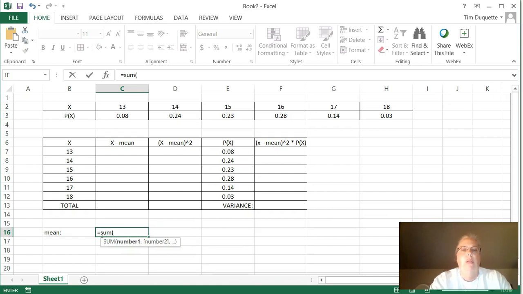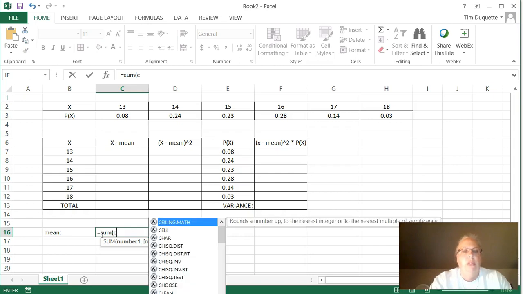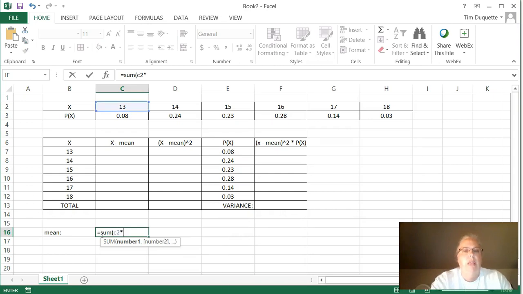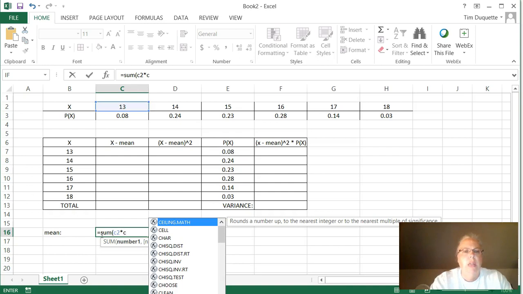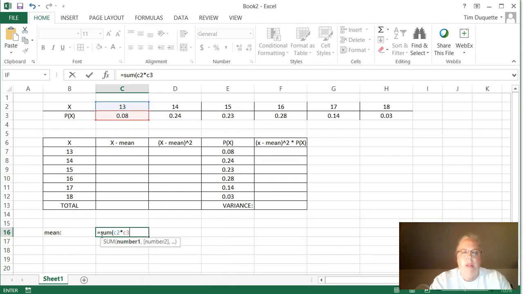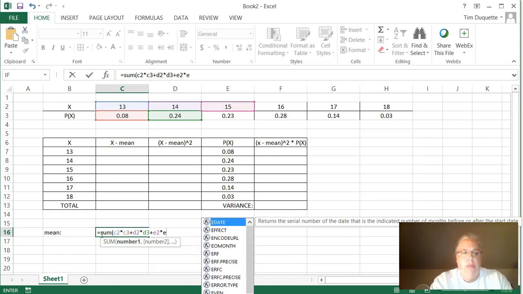Alright, so we're going to put in our formula here, and we are going to multiply C2 times C3, and then we're going to add that to D2 times D3, and then add that to E2 times E3.